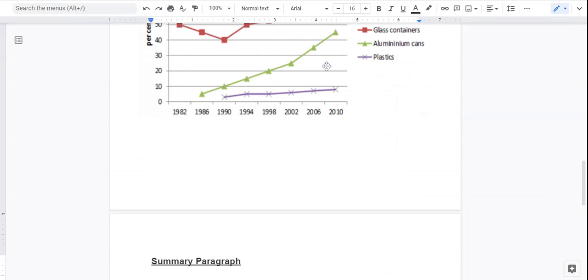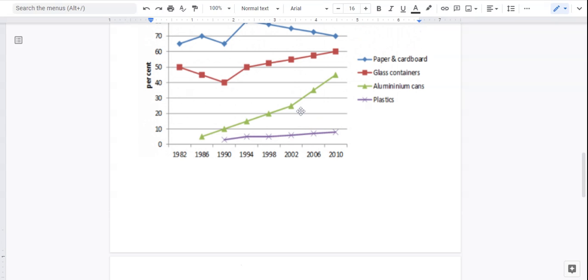And although plastic increased over time, it looks like it dipped a little bit in 1998. So I feel comfortable with saying that.